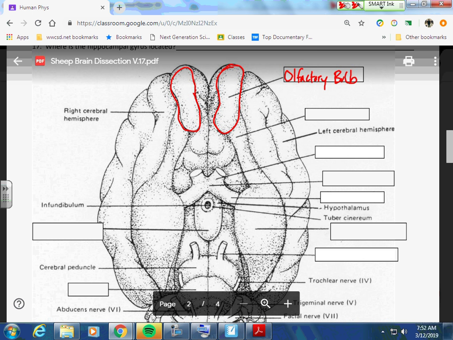These are involved with smell, which is nice because they sit right above where the nostrils are, at least with us. That's got to send information back for processing, though. So this part leading back from it we call the olfactory tract.